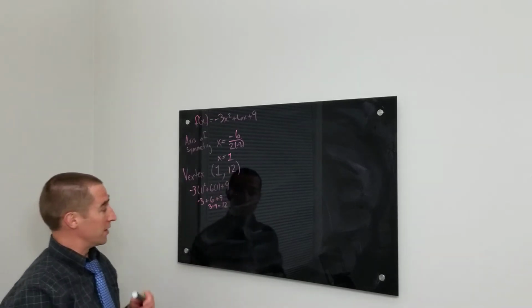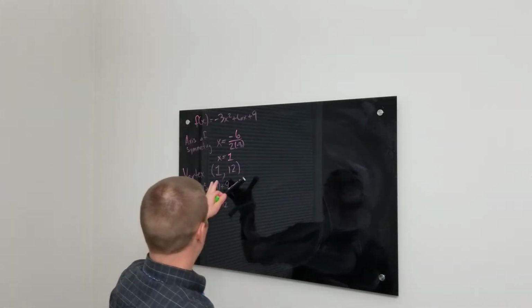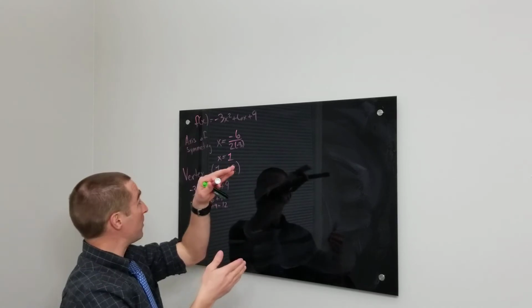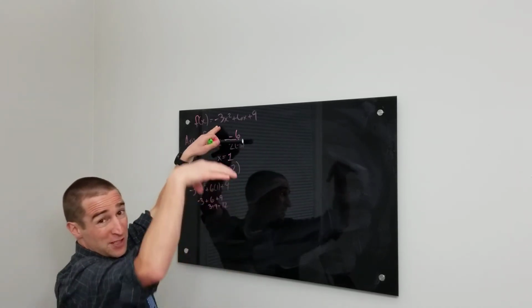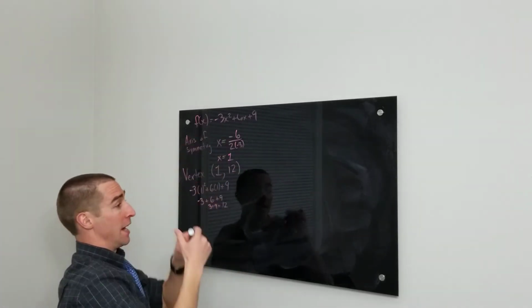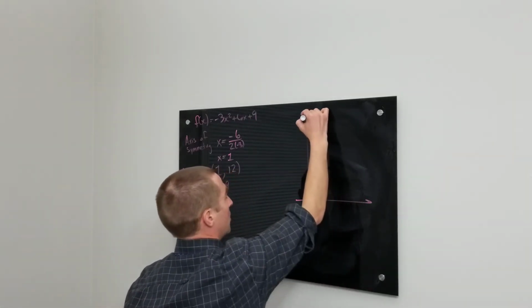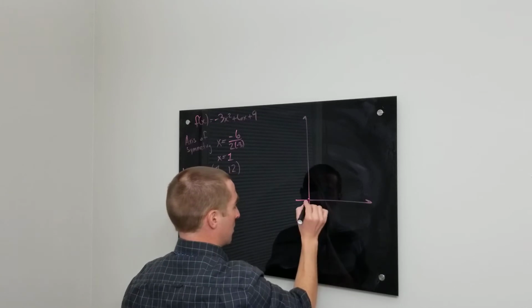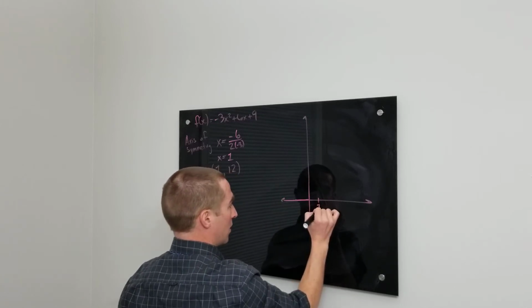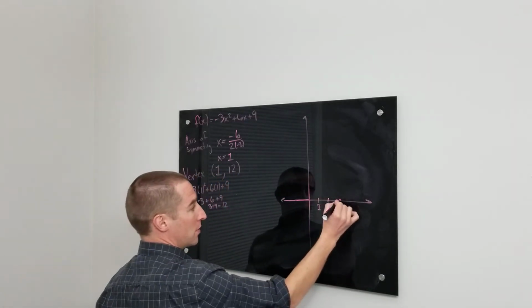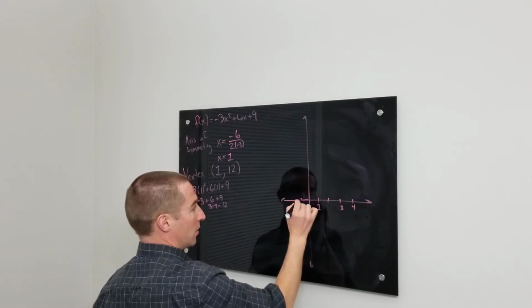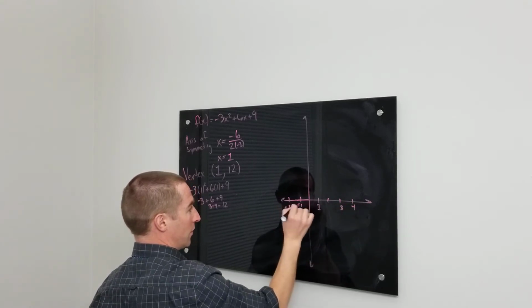So let's go ahead and get graphing. We know our vertex is a positive x and a really positive y, and that our graph is going to be pointing down, opening downward. So for this, I'm going to graph here. X equals 1, 2, 3, 4, negative 1, negative 2, 0.